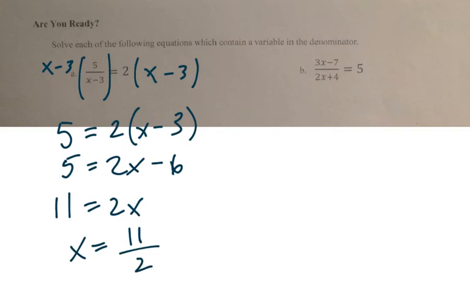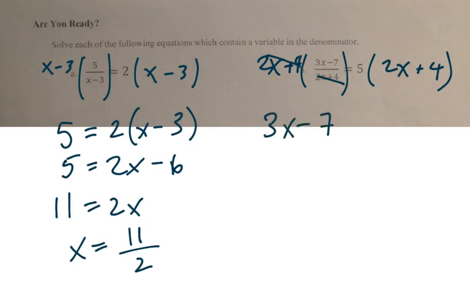Over here, I'm going to do the same thing. Now something funky is going to happen because I'm still going to have an x on the other side. So I'm going to multiply both sides by my denominator to clear that out. So I cancel those, and I'm left with 3x minus 7 equals 10x plus 20. I'm just distributing as I go.